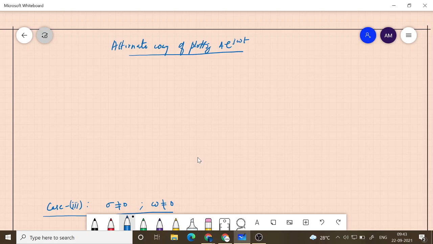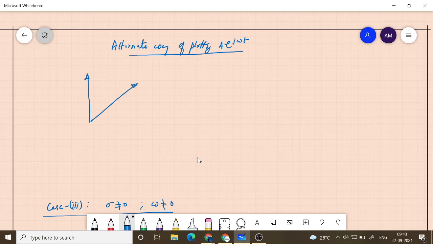This requires a little bit of imagination. I am going to draw 3 axes here. So it's a 3D plot on a 2D page, so you have to imagine a little bit.